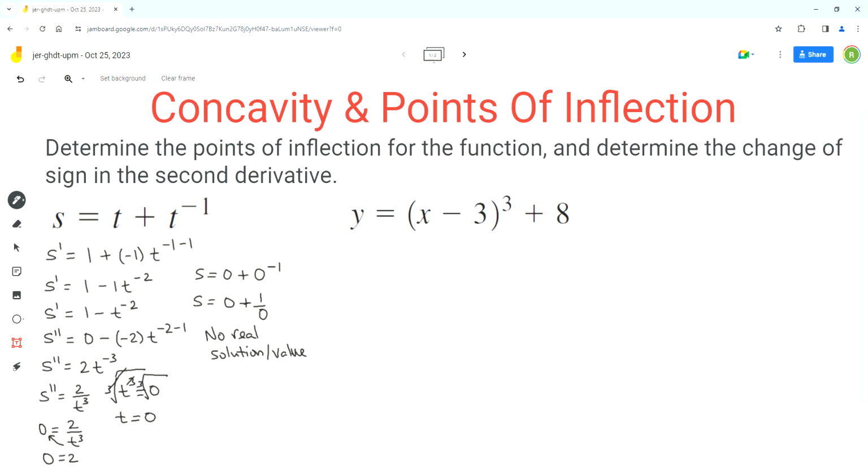That means this function has no inflection point because we didn't get a real value for s at t equals 0. So this should be the final answer for the first function.